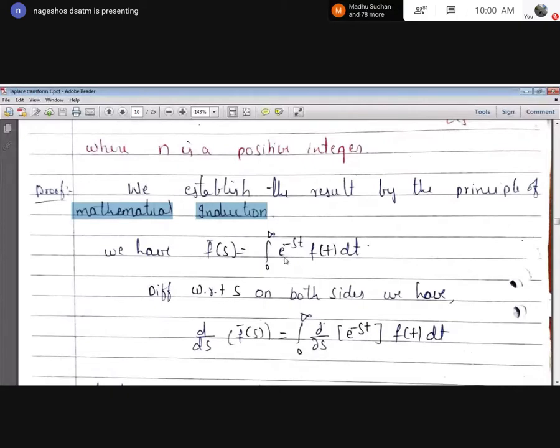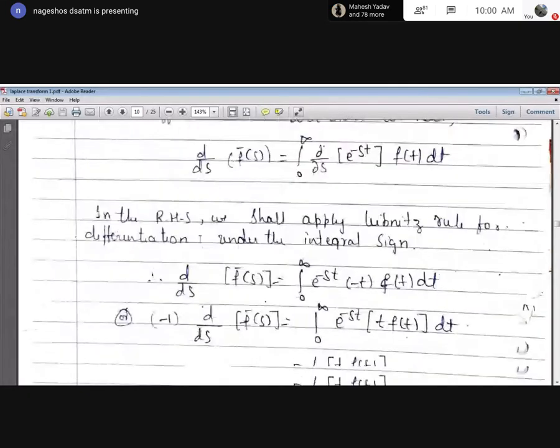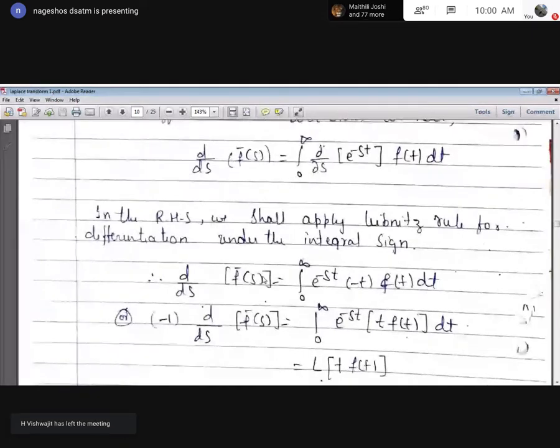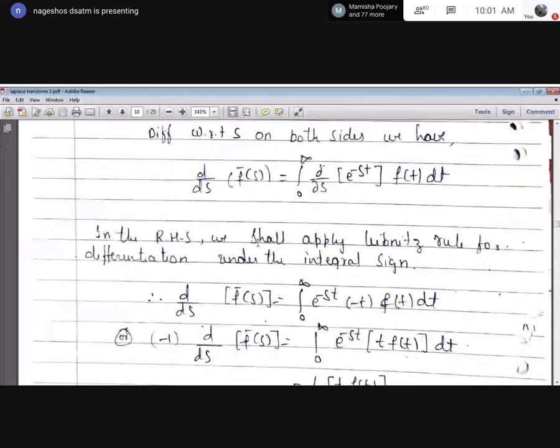After that, take it is true for n equal to k, then prove it is also true for n equal to k plus 1. That is, if it is true for n equal to k, it will also be true for n equal to k plus 1. Like that we need to prove.